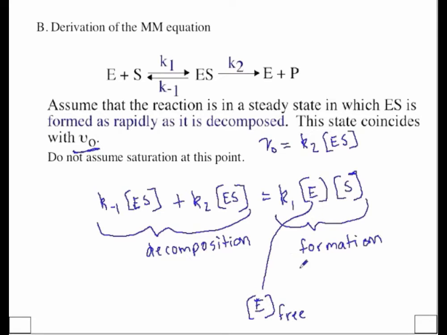Okay, so that E free we know is going to be equal to E total minus enzyme substrate complex.